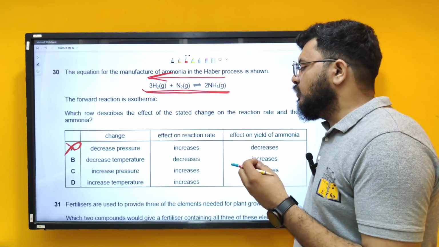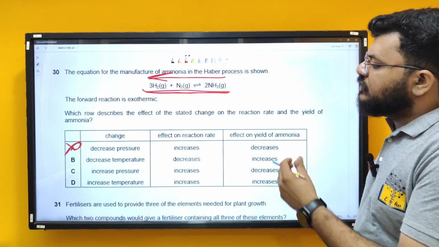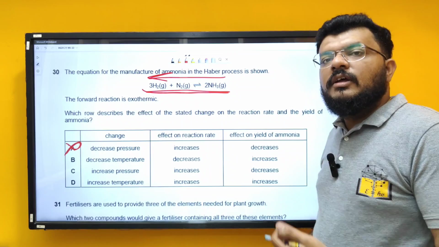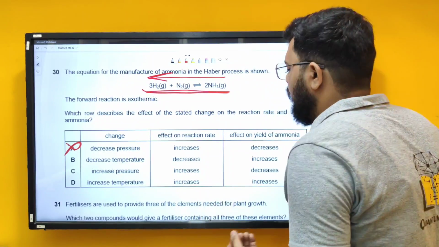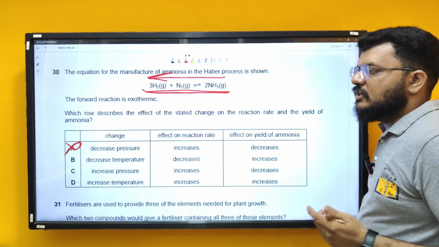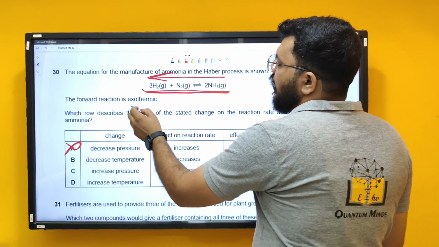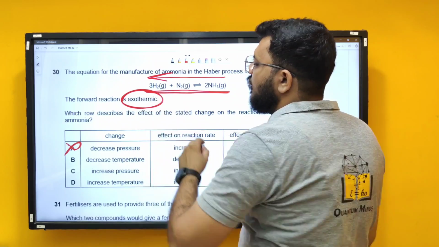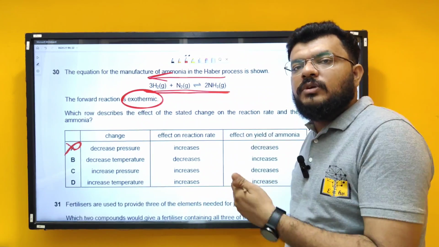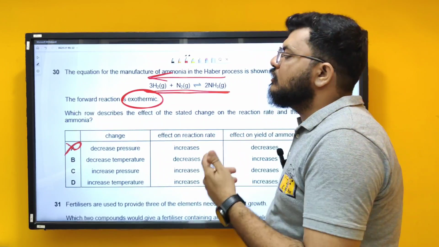So if you decrease the temperature, the effect on reaction rate decreases. Yes, no matter if the reaction is exothermic or endothermic. When you decrease the temperature, the rate of reaction decreases. Effect on yield of ammonia, it increases. Yes, because exothermic reaction gets space, or in other words, it can give out energy more, right? It is exothermic.